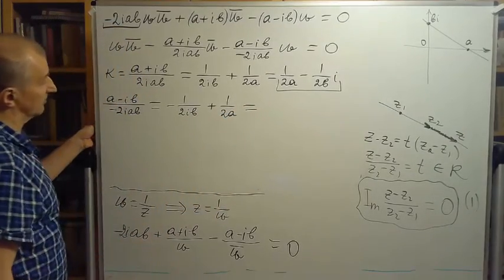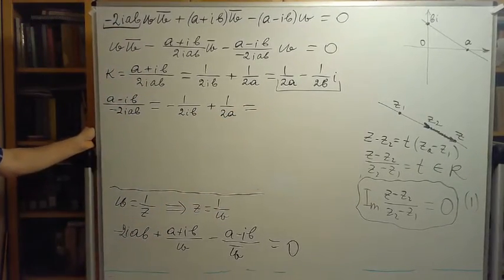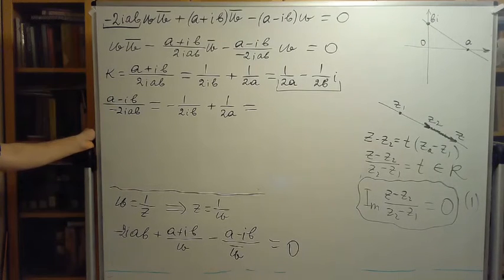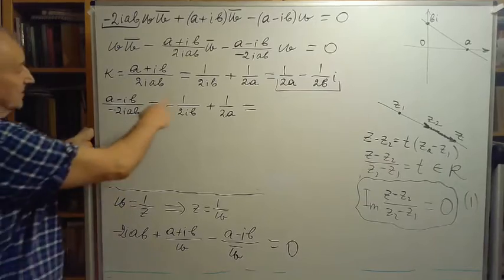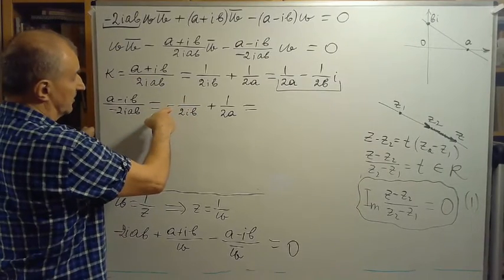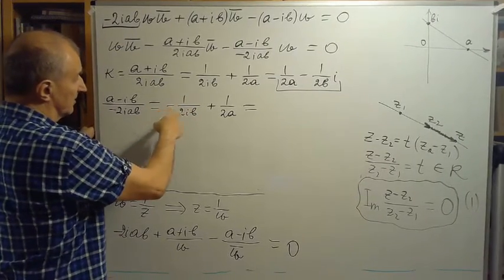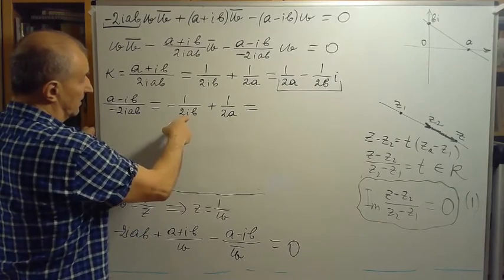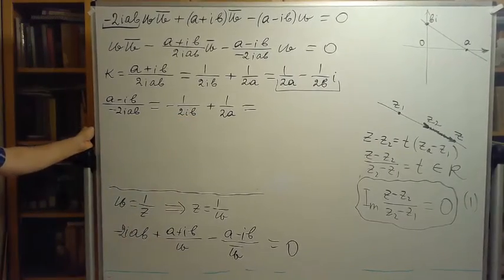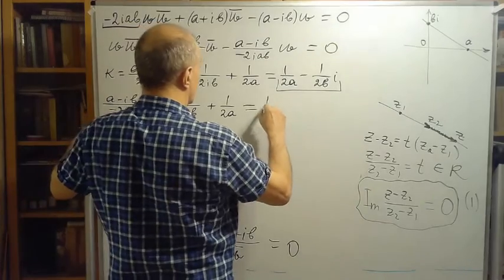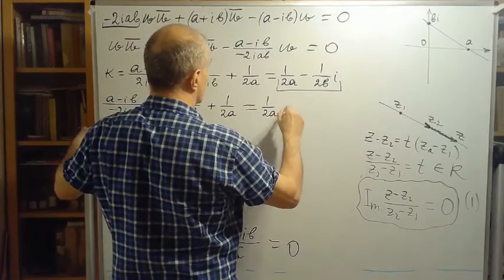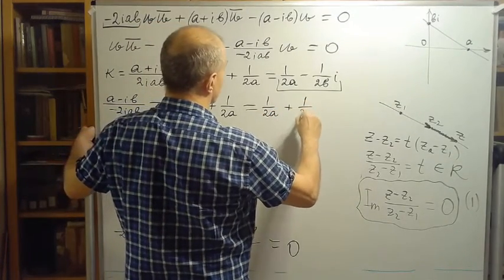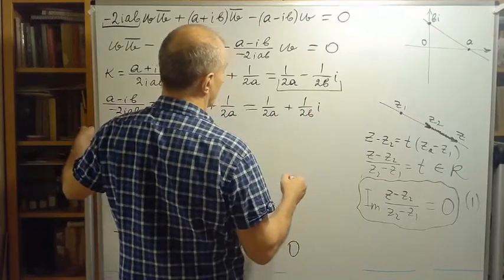And again I multiply and divide by negative i, numerator and denominator, and negative i with this negative will be positive i in the numerator, and i times negative i will be 1. So it will be 1 over 2a plus 1 over 2b i.